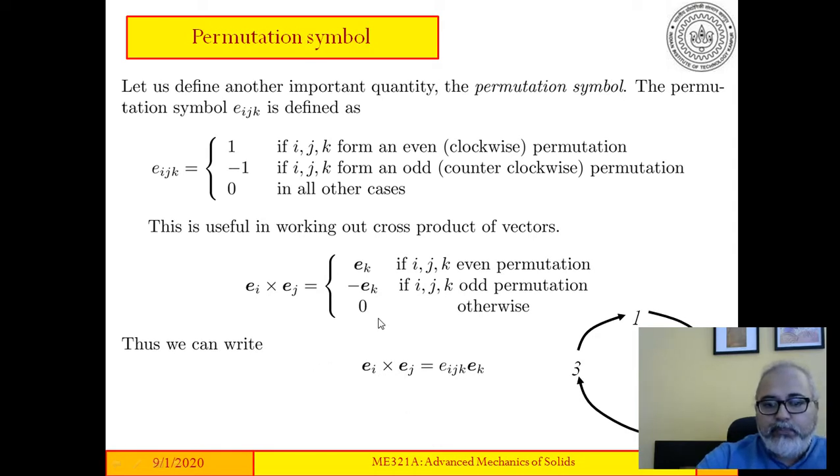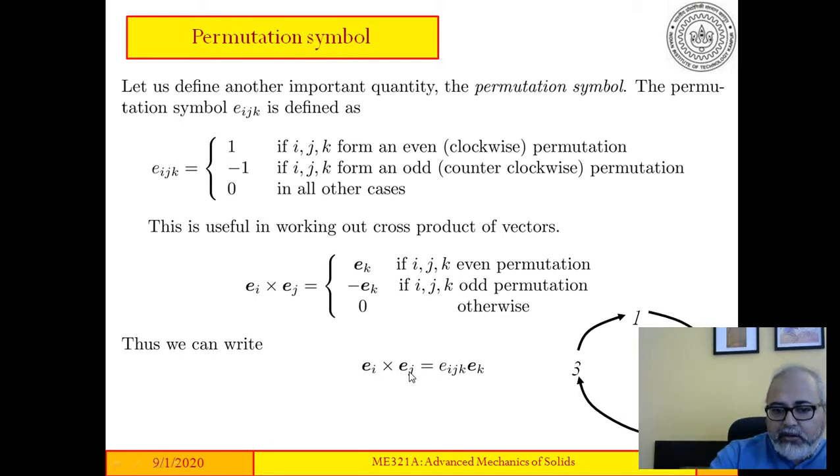Now you can keep putting in the values of Eijk according to this rule into this equation to see that this will actually reproduce this long equation. So this long equation can be concisely written in terms of the permutation symbol, given the definition of the permutation symbol given here.